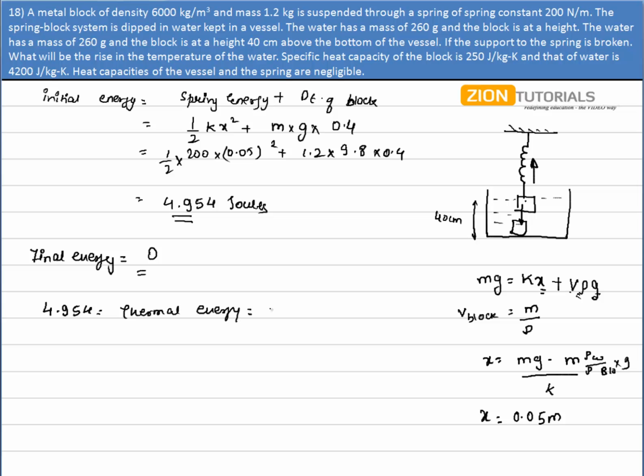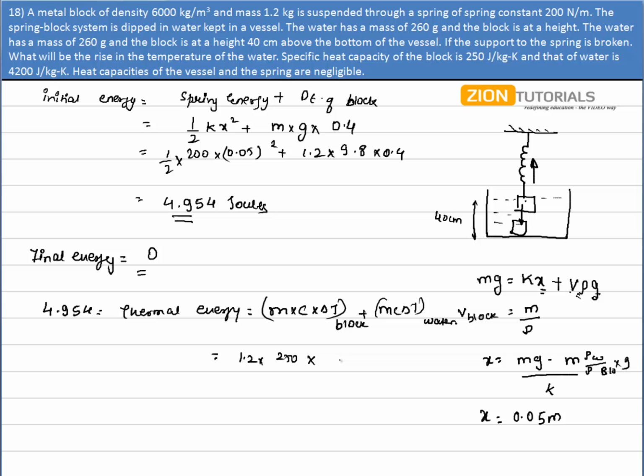that is equal to m c delta t for the block, plus m c delta t for the water. Alright, now mass of block is given as 1.2, specific heat of block is 250.